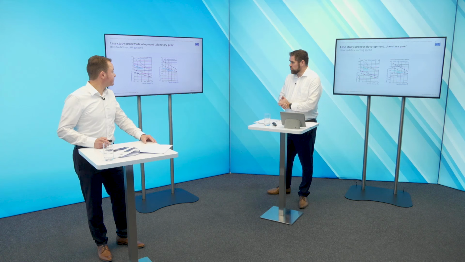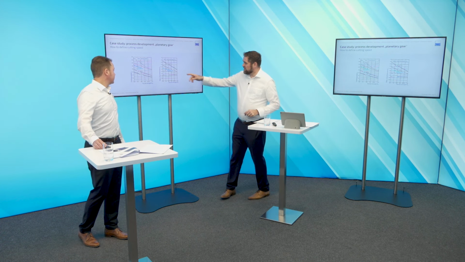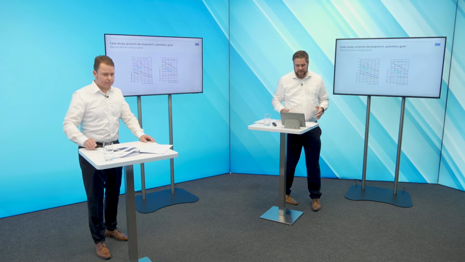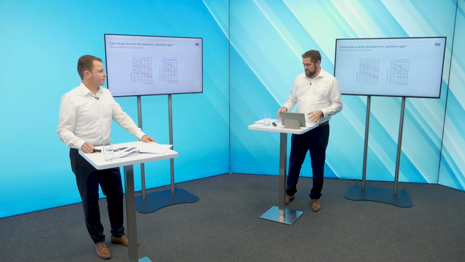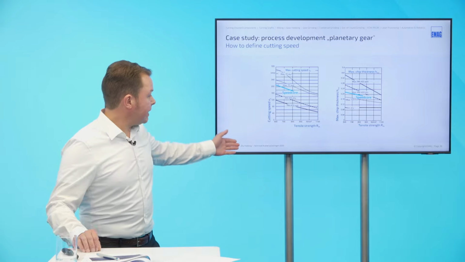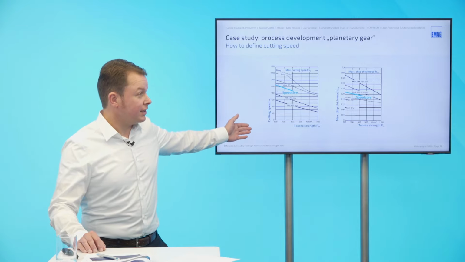Jörg, if I look here at the diagram, I see 320 meter per minute cutting speed. If I keep in mind that I saw dry hobbing applications running with more than 700 meter per minute cutting speed, can you explain a little bit why there is the difference, or what is really the reality? Yeah, look, Heiko, of course, you have to consider that these values are nearly 25 years old.